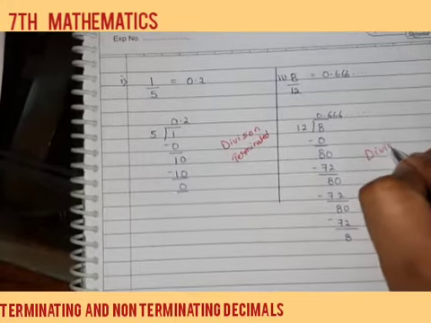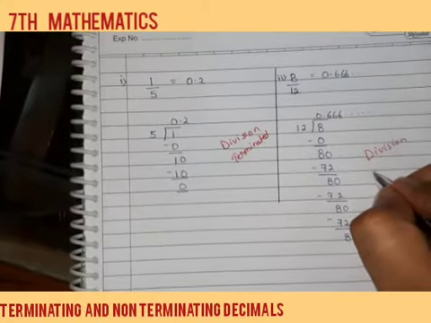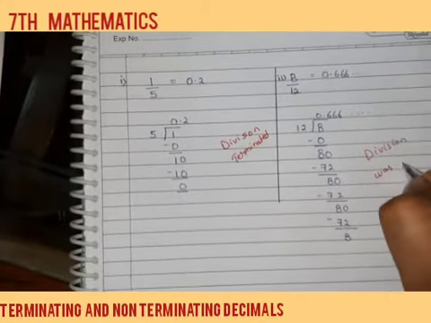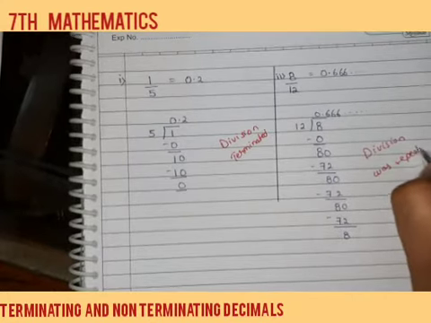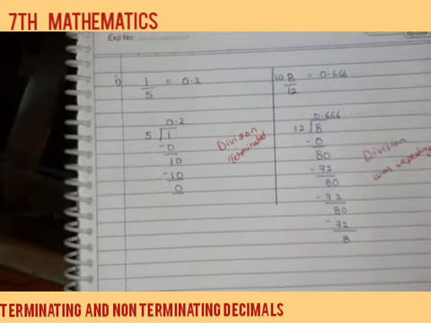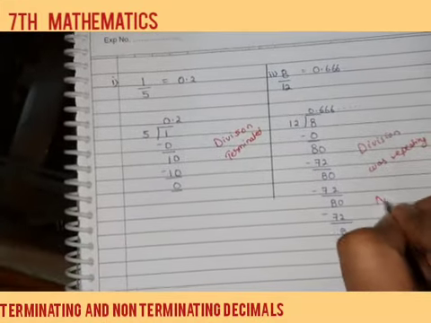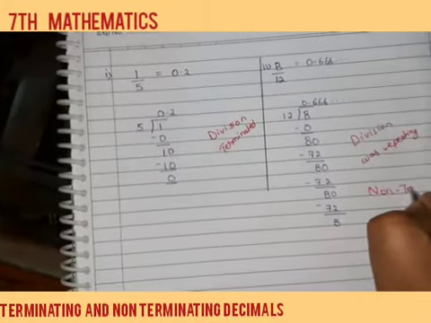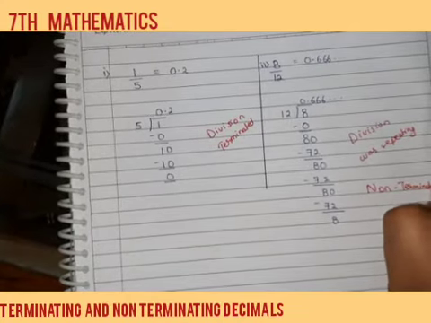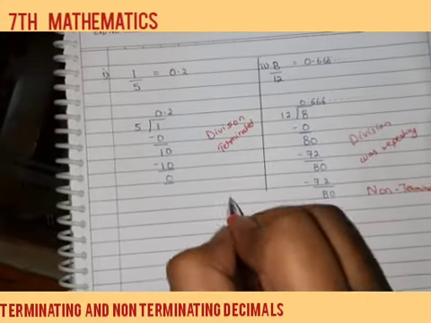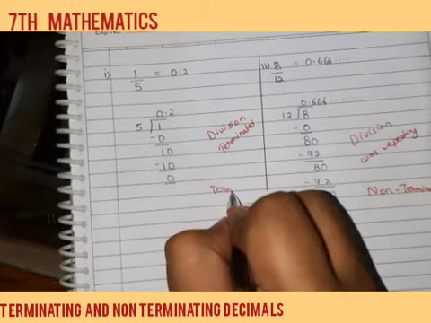We can write, division was repeating and was not terminated, or we can even say that it was non-terminating, and this was terminating.